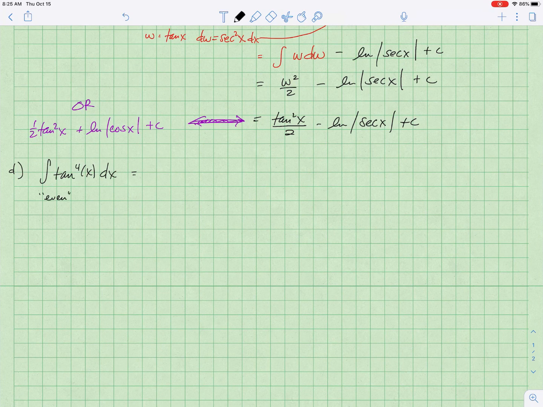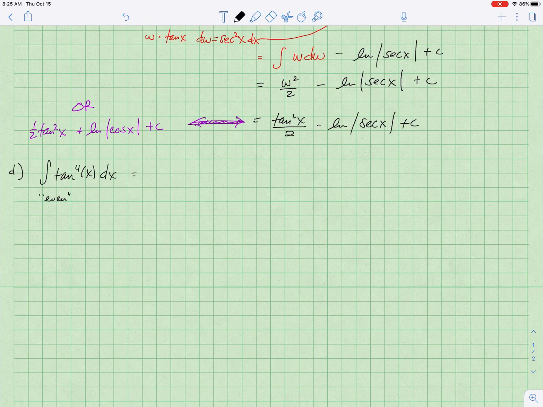Tangent to the 4th power starts off with an even technique, although we don't have a double angle formula for tangent squared. There is one, but we don't use it in this course. This is tangent squared times tangent squared dx. And then I will use a Pythagorean identity.